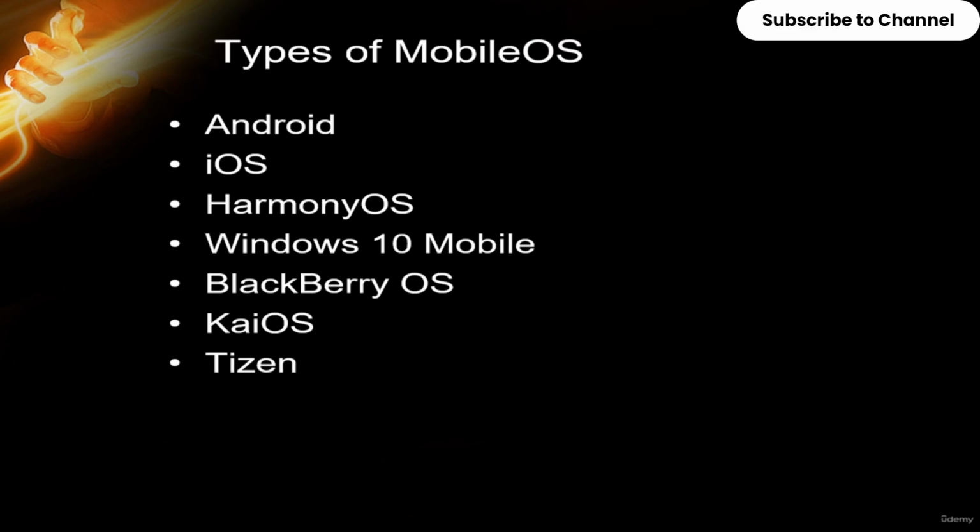The next operating system is BlackBerry OS, developed by BlackBerry Limited. It also provides strong security features with physical keyboard functionality, and it was popular throughout the world, but it has declined in usage.